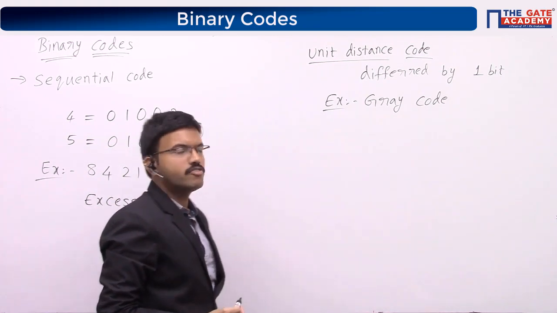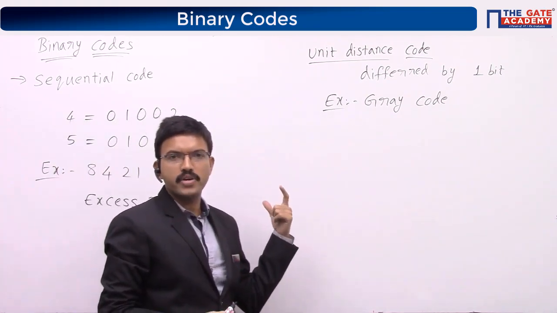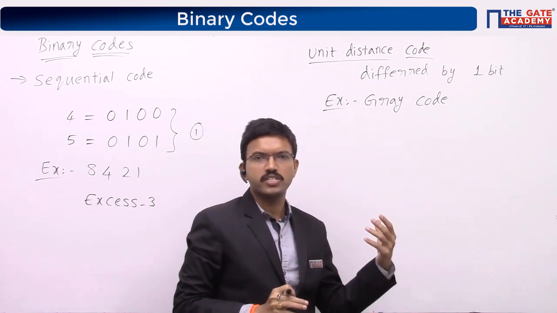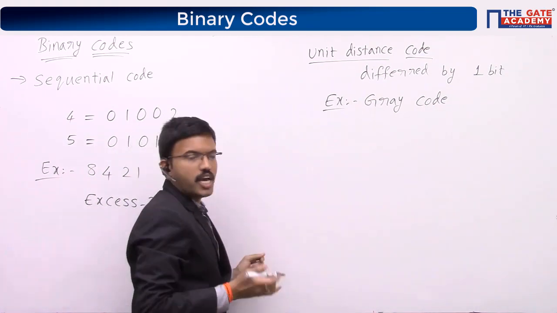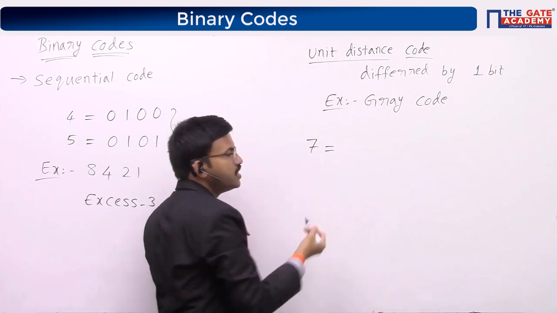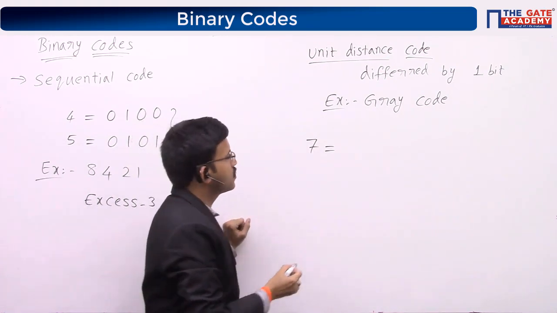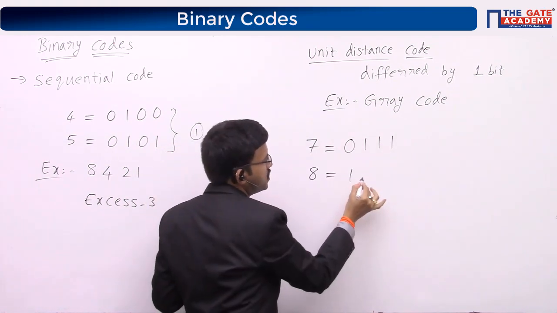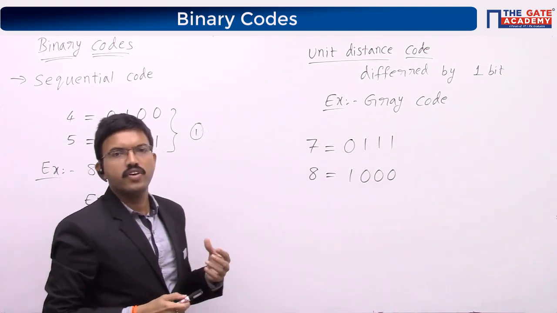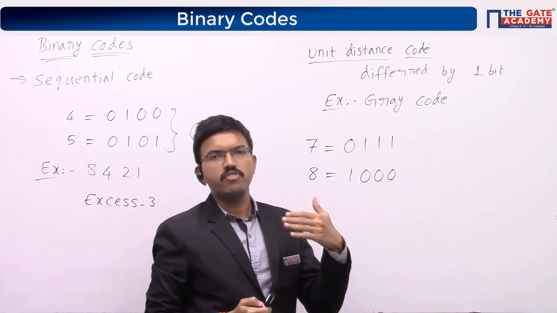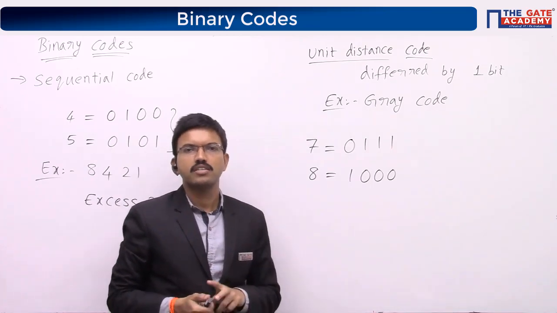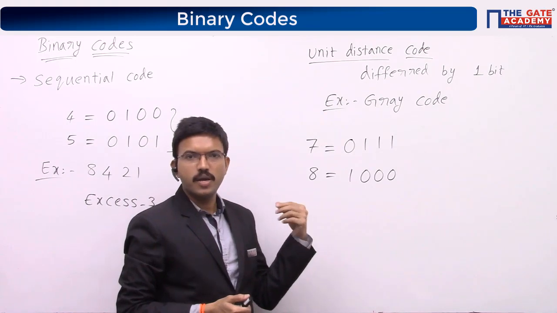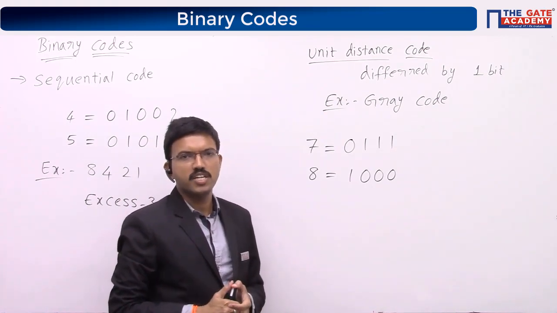See here in the sequential code, suppose I am considering the 4-bit case. If you have 4 bits, you will have a total of 16 combinations. For the time being, I am representing the number 7. In binary, how will you represent it? 0111. And 8 you can represent as 1000. See, whenever the lift is going from one floor to another, wherever the lift is in a particular floor, the corresponding number will be displayed on a 7 segment display, right?